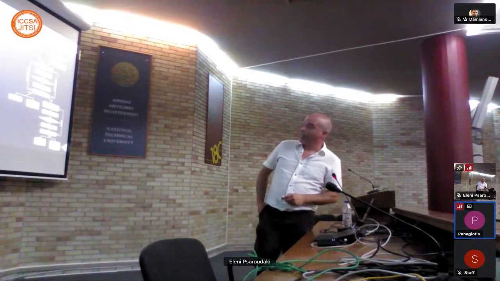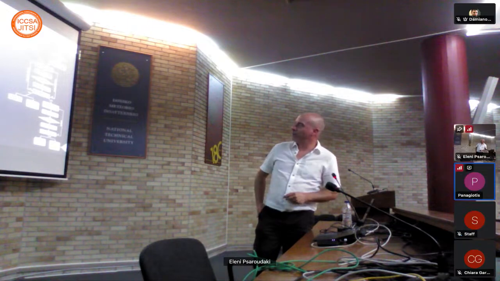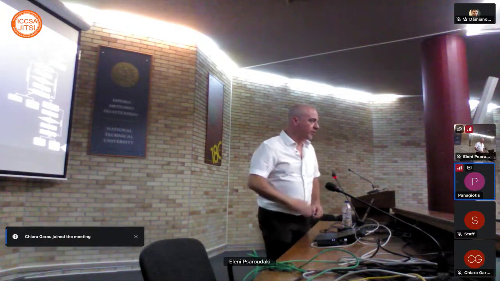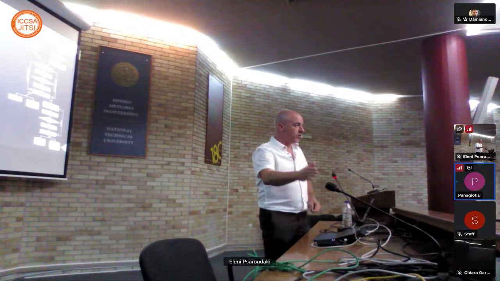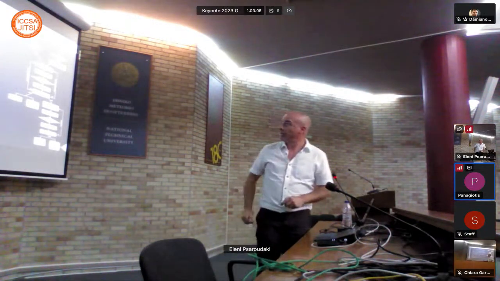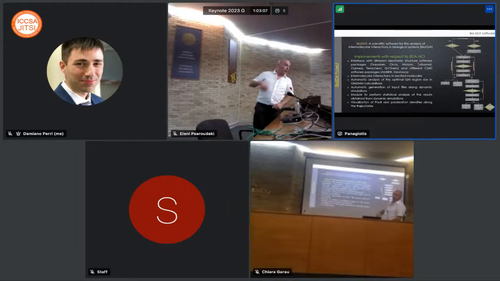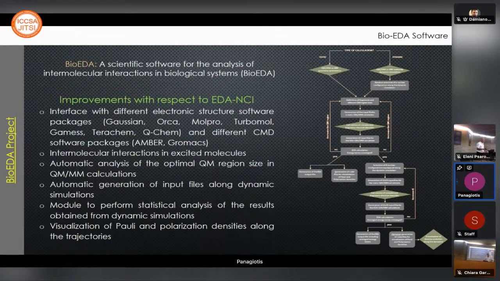So we are creating a software with a broad interface with many programs for electronic structure calculation, for quantum calculation, and also for classical simulations. Then we are going to include a module to study intermolecular interactions, non-covalent interactions, not only for the ground state, but also for excited states.